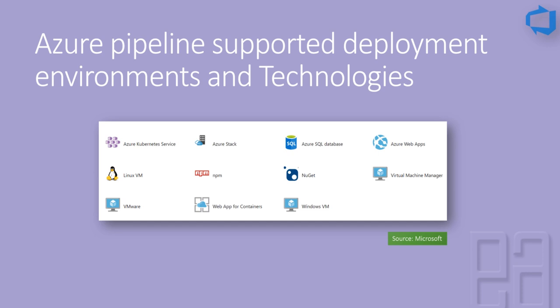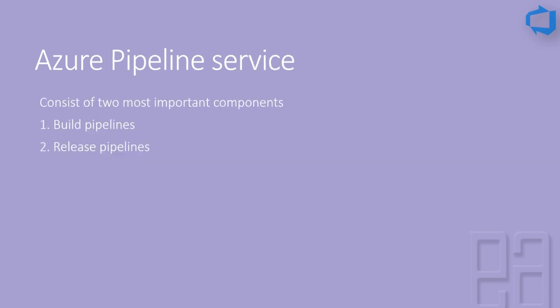And finally, the Azure Pipelines service that we are going to be discussing in this particular section consists of two most important components, other than the other components they have: the build pipeline and the release pipeline. The build pipeline and the release pipeline are the two most important things where you're going to create an actual build, and then release that build by deploying it into the different environments that we saw in our previous slide.